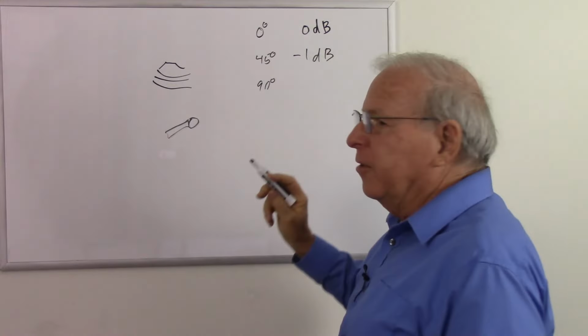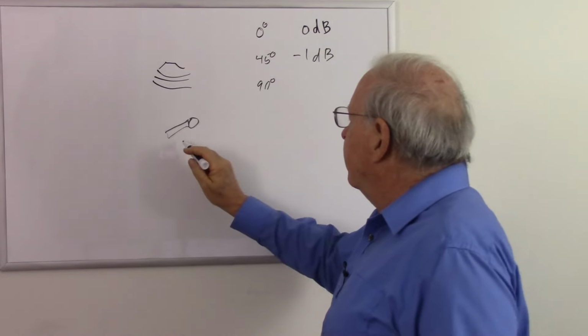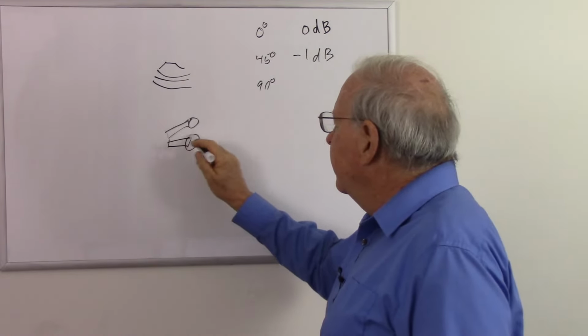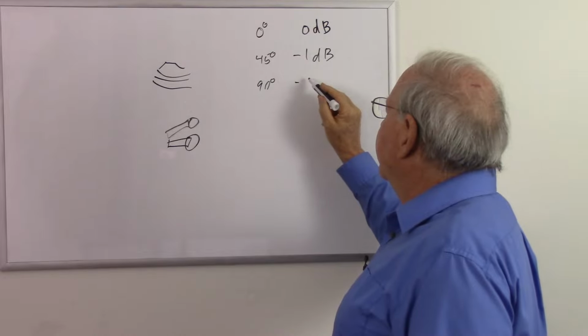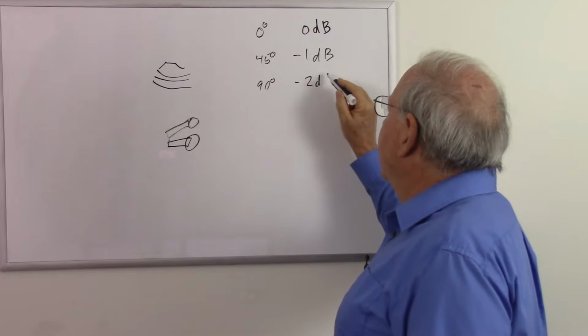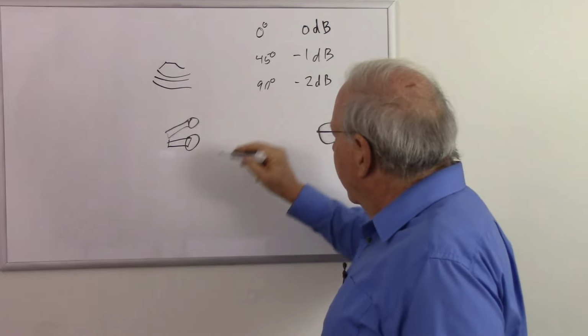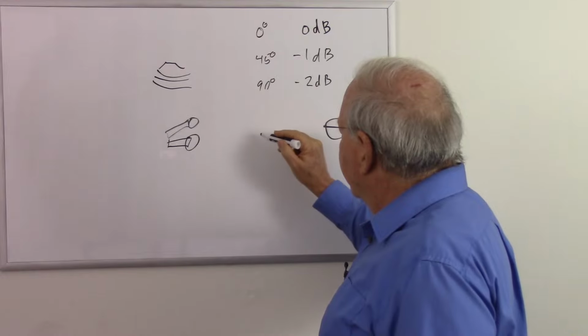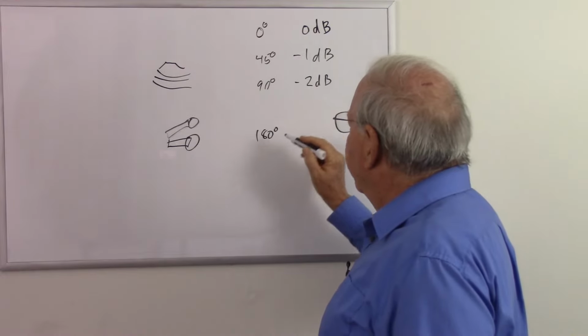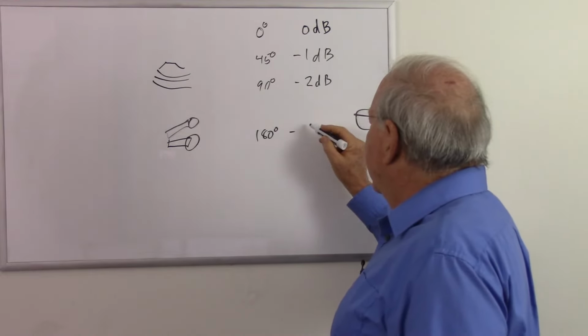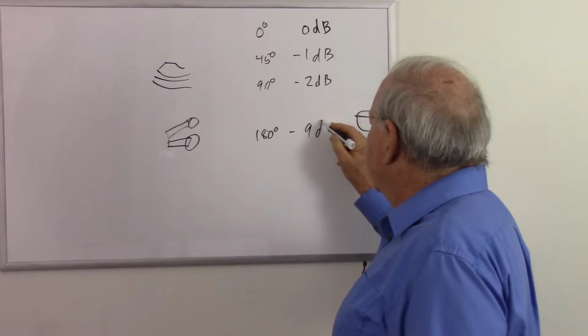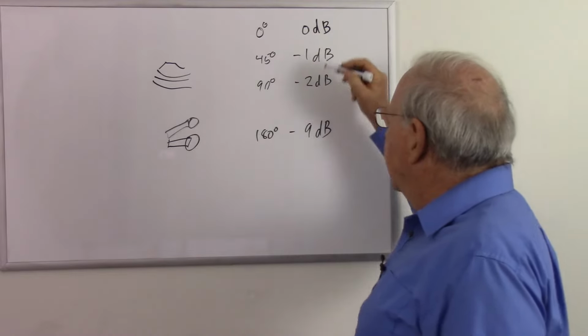I'm just making these numbers up. And we go to 90 degrees and we have negative 2 dB, and we get on to 180 degrees and we have, let's say, negative 9 dB. So it's a big difference.